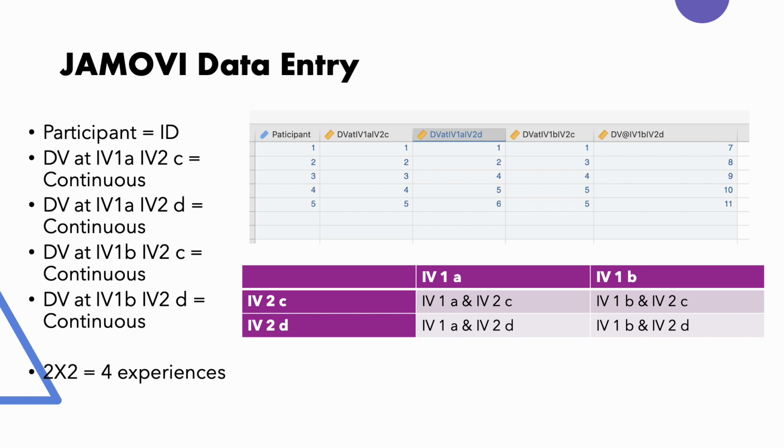So in this data file, you can see that we have 4 columns for the one dependent variable, with each participant providing 1 measure of the dependent variable for each of the 4 experiences, leaving you with 1 participant ID column plus 4 measures of the same dependent variable, 1 measure for each of the 4 experiences. 2 by 2 equals 4 experiences. In a 2 by 2 within design, each participant has 4 experiences and provides a dependent variable measure after each individual experience.